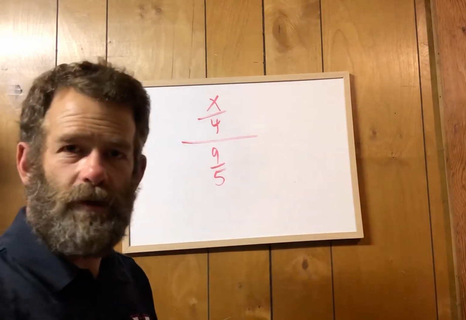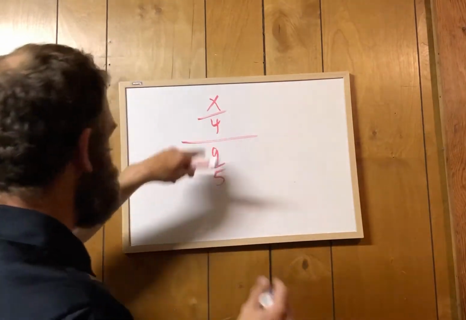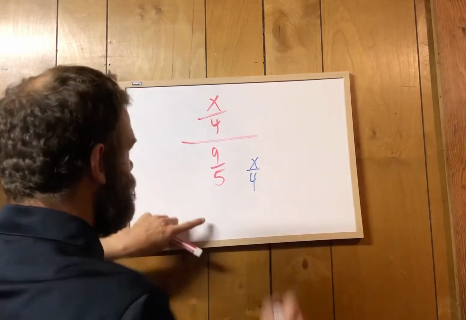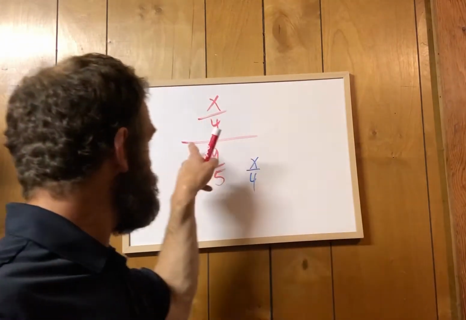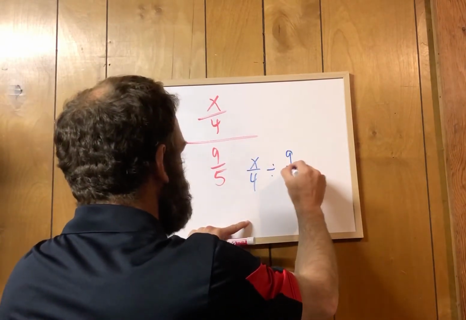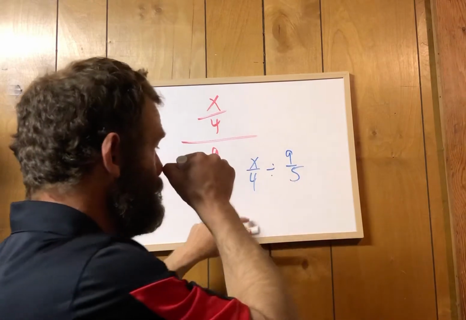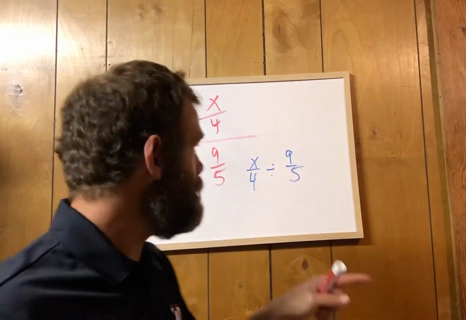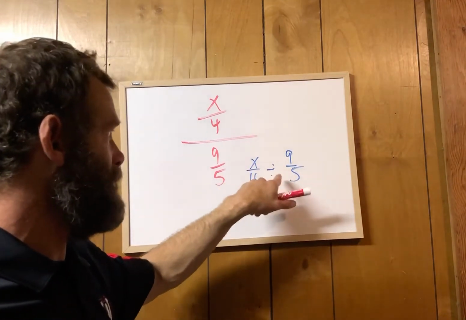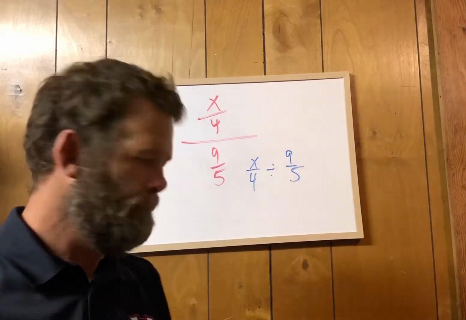Because you're going to have a couple questions like this today. This means your first rational expression, x over 4, divided, obviously, by this fraction, 9 over 5. And this in blue is the same exact question as this in red, except this is a lot more simple because it's x over 4 times the reciprocal of 5 over 9.